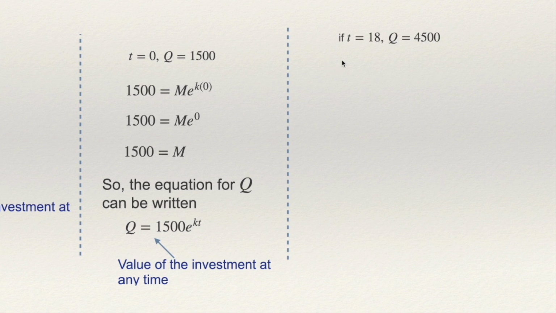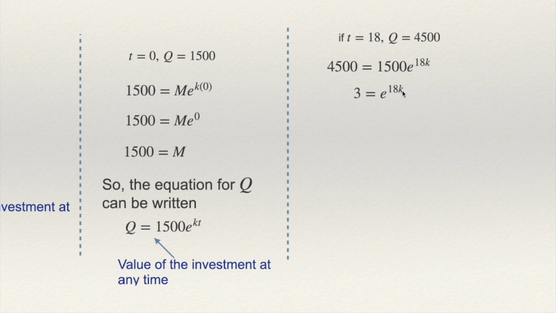Let's do it. We get 4,500 equals 1500 e to the power 18k, where you substitute t by 18, the value of the time at that moment. Obviously here you can divide by 1500, and you get 3 equals e to the power 18k.